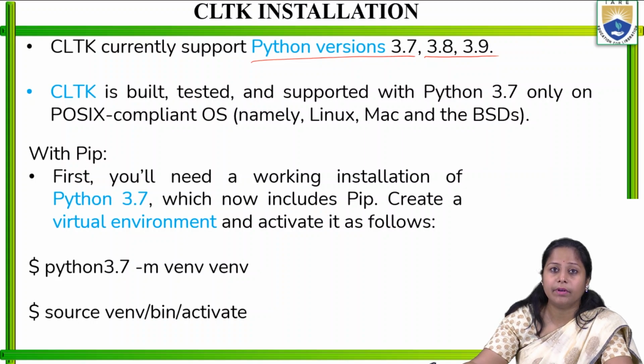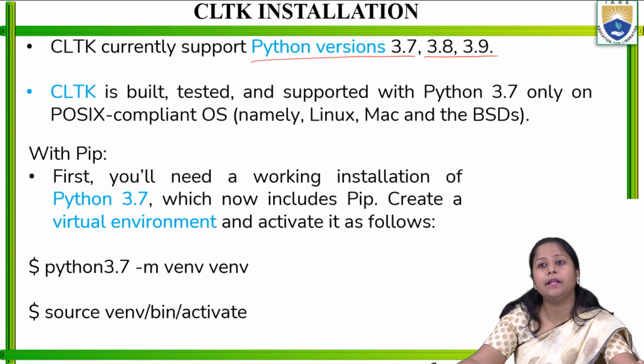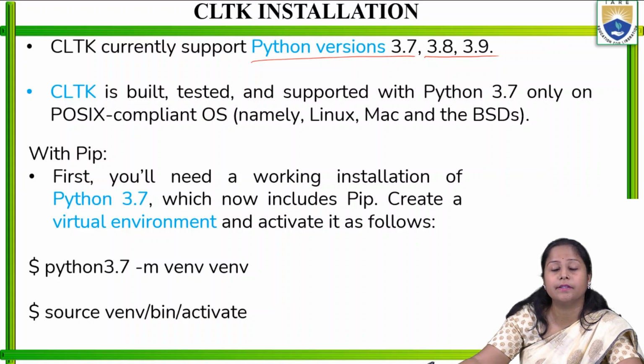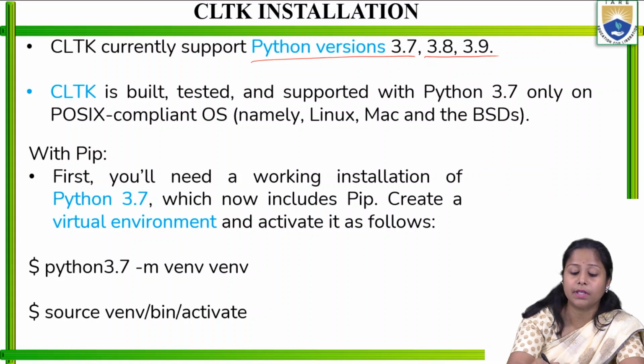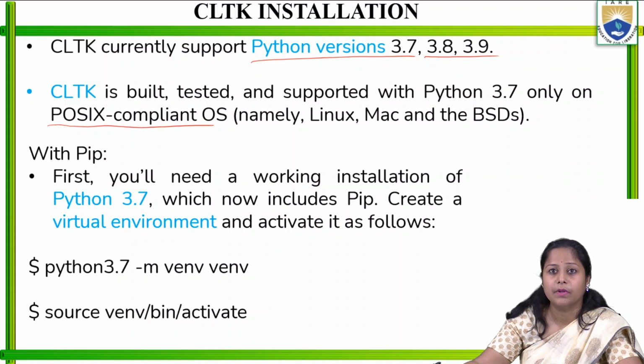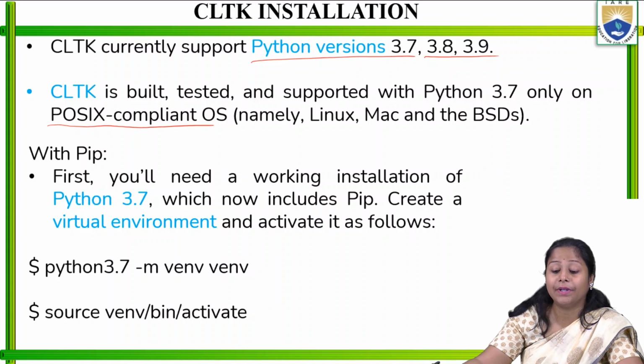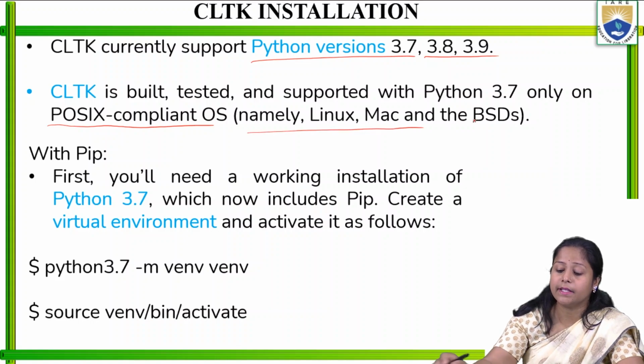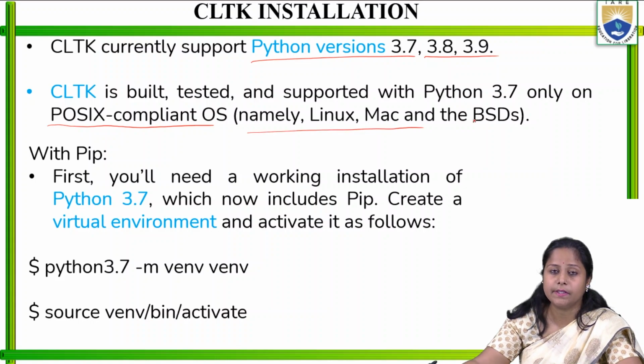CLTK was built and tested and supported for Python 3.7 initially, and then it has been upgraded for 3.8, 3.9 and other versions. It is used with Python 3.7 on POSIX-compliant operating systems, that is, Linux, Mac and BSDs.